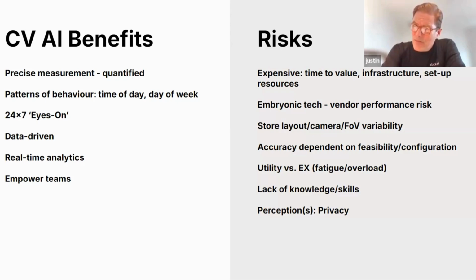The accuracy, the fourth item here, accuracy. People think computer vision, AI, machine learning, it's all data, so therefore the answer must be correct. However, you've not taken into account things like occlusions, things like data swapping. There are obviously within the machine learning models limitations to those. And so it is important for people to understand that the accuracy of a platform is dependent upon the feasibility of measurement of the use case elements themselves.